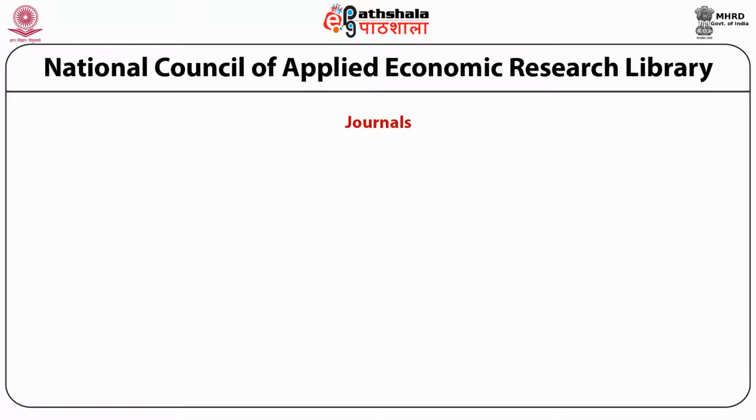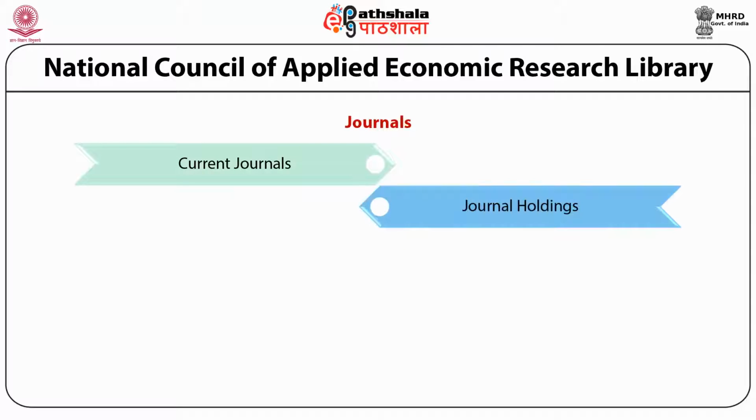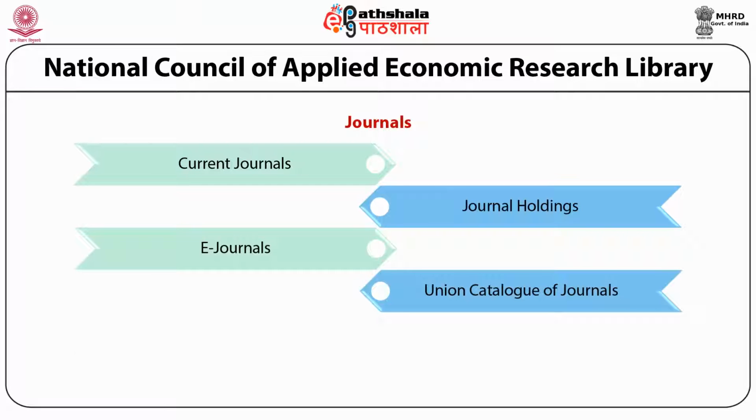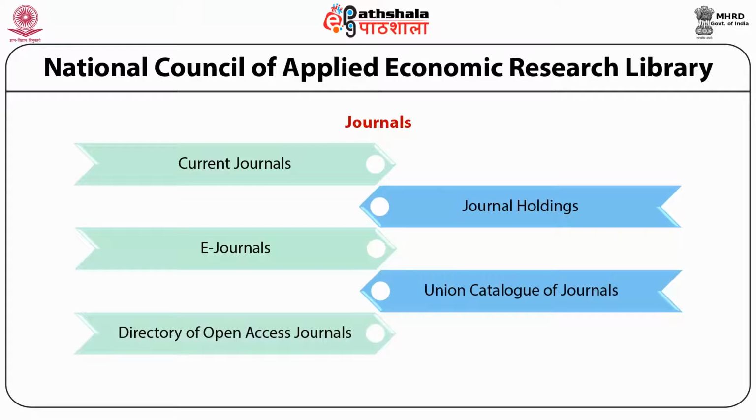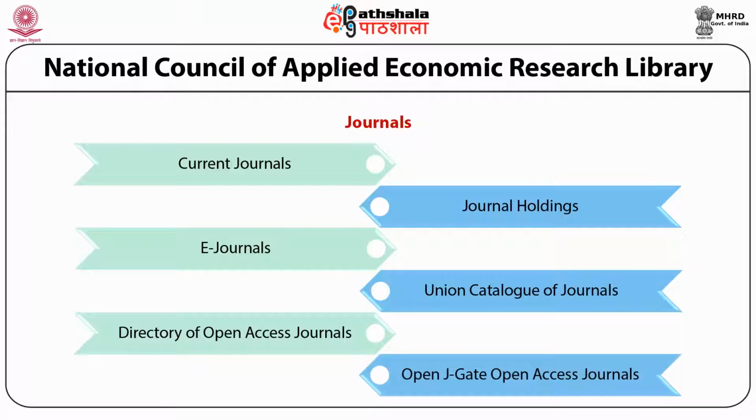NCAER's journal collection consists of current journals, journal holdings, e-journals, Union Catalogue of Journals, Directory of Open Access Journals, and OpenJGate Open Access Journals. Thus, it can be seen that NCAER library is an extremely rich library for economics and has a very prestigious contemporary and classic collection.